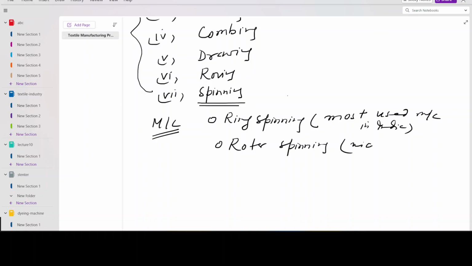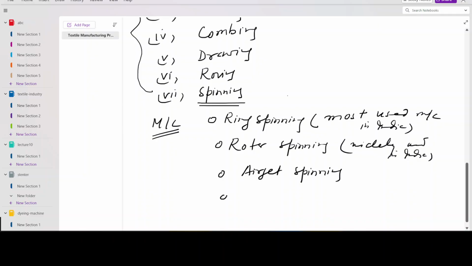It is also widely used in India. Another one is air jet spinning machine, and another one is friction spinning.